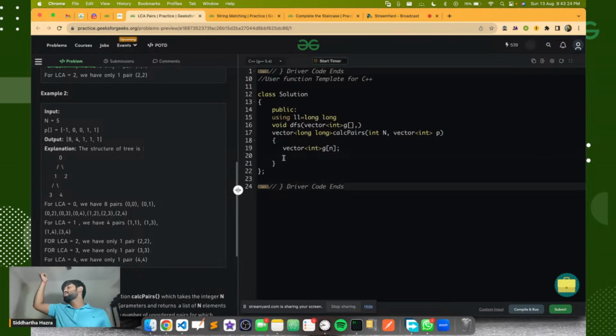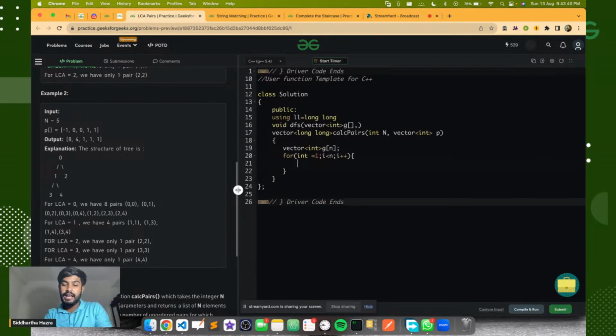That is the root node, and the root node does not have any parent, and the value would be -1. So root node would definitely be -1. So I would start from the second element. I is less than n and I plus plus. At this point, what I would do is I would say g of p of I dot push back I.